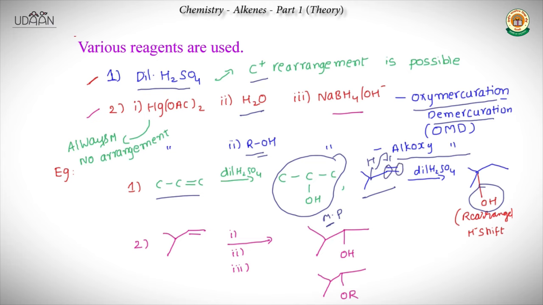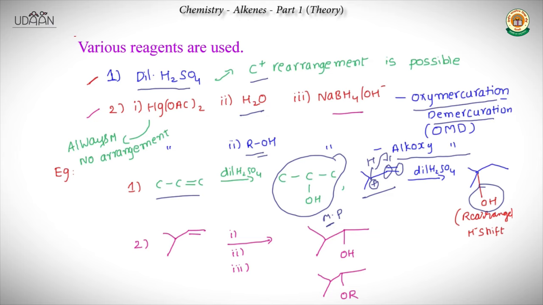So when the carbocation is formed at the second position, it is going to undergo a hydride shift, and there is going to be a positive charge which the OH will attack at position number 3. Right? This one.